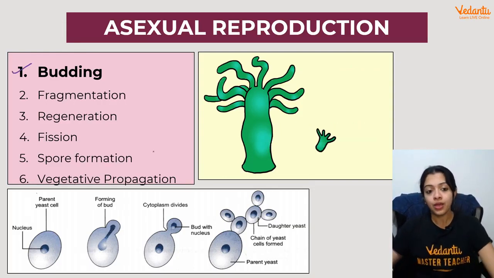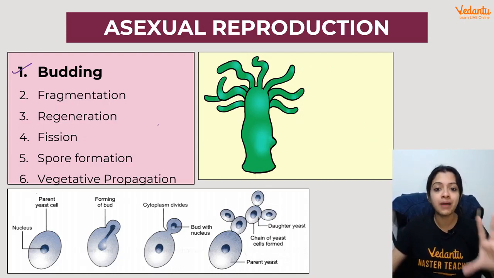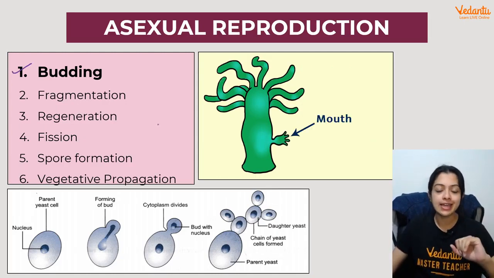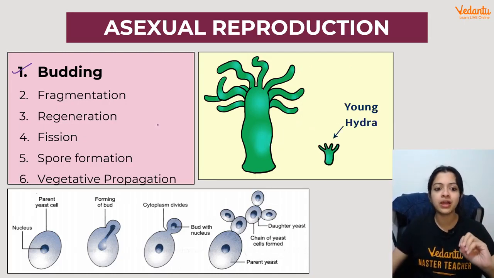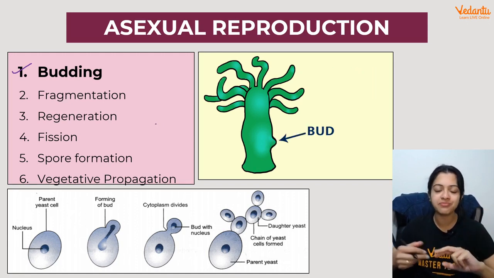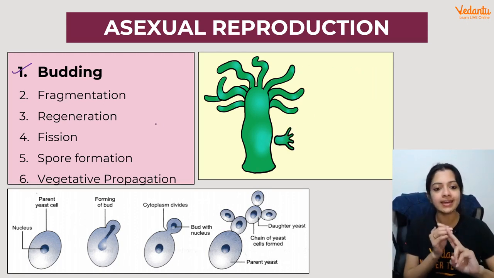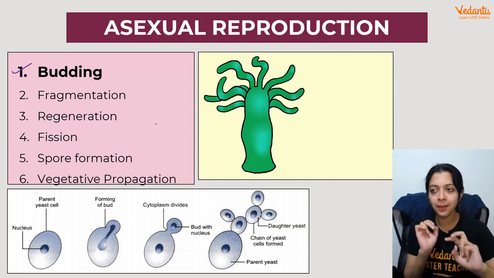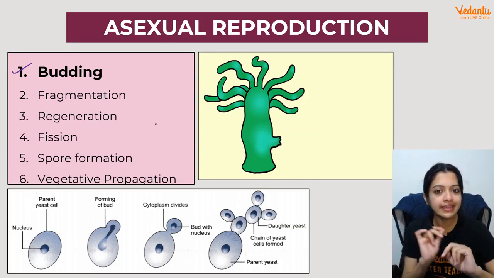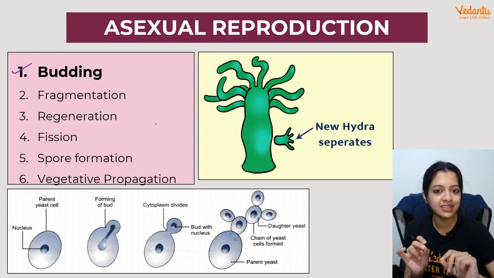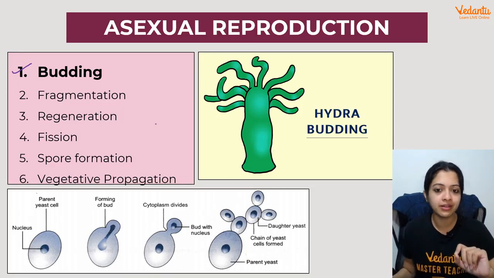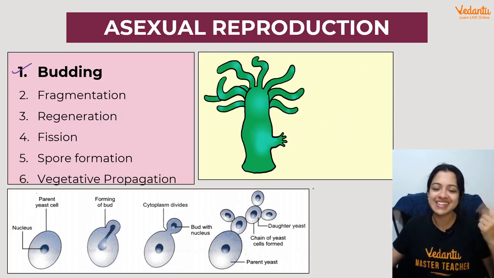What is budding? Well, when you think of the word bud, what comes to your mind? To me, when I think of the word bud, there are two things. I've said this in some of my classes earlier as well. One is a flower bud. The second one is the cotton ear bud, the cotton bud that we use to clean our outer ear, right? So these are the two things that come to my mind.